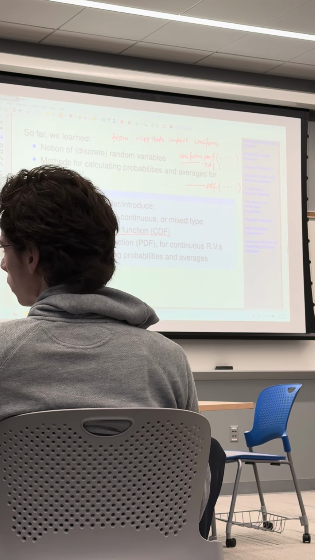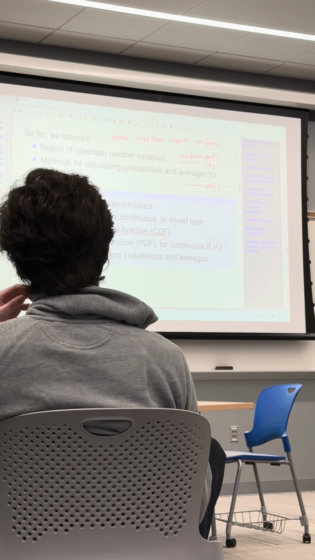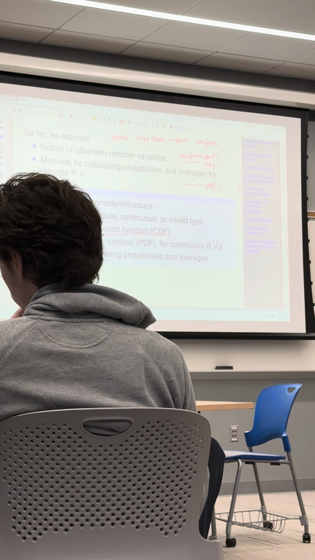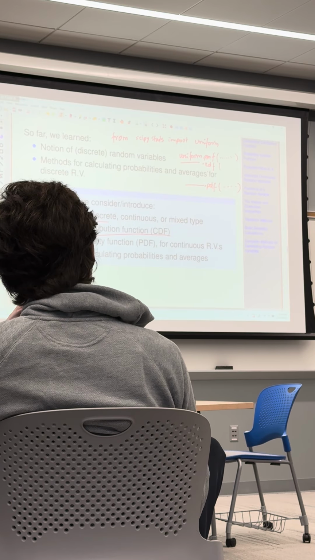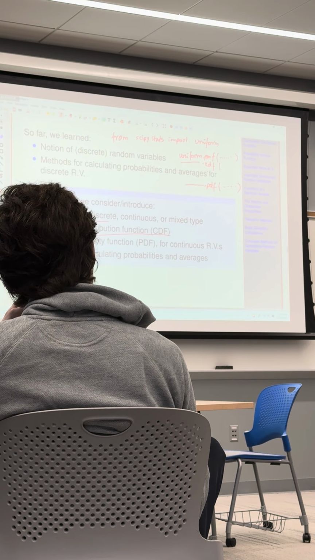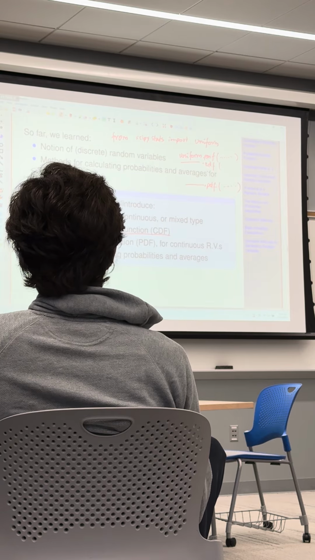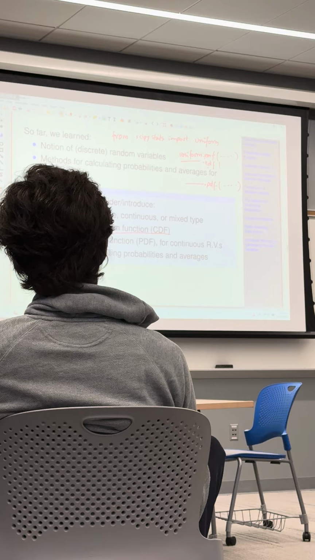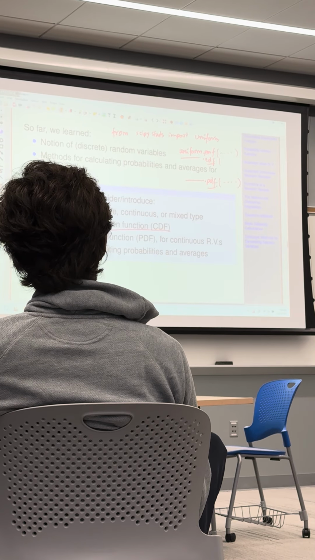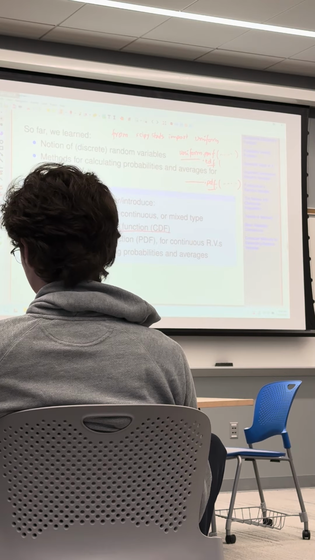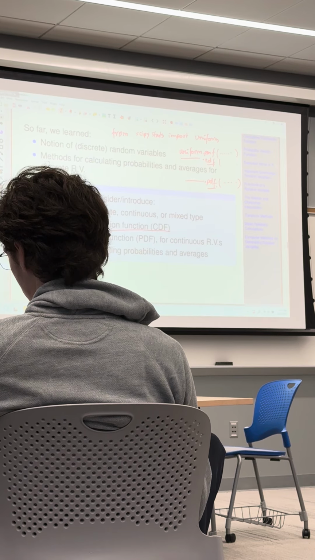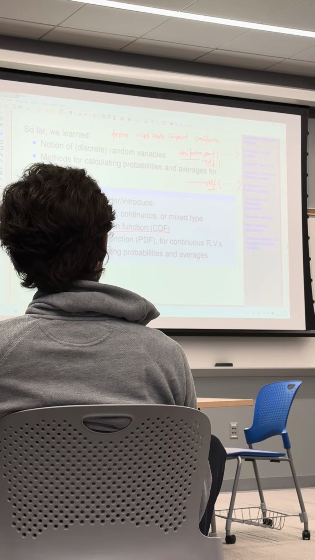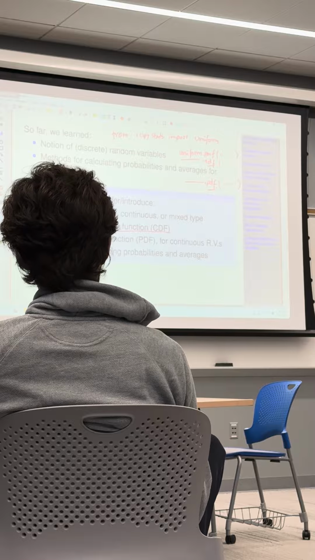Then numerically, you can directly use the packages that we have in Python, in the statistics package. You can directly use these functions: PMF, CDF, PDF. CDF is the cumulative distribution function, and PDF is the probability density function.